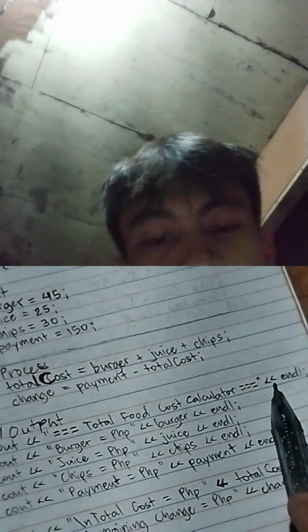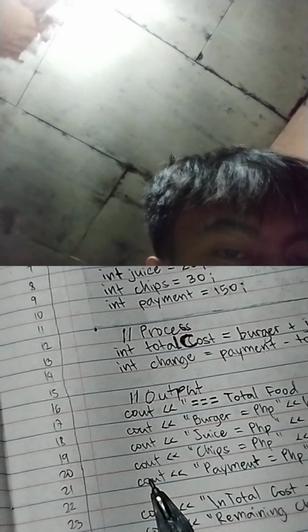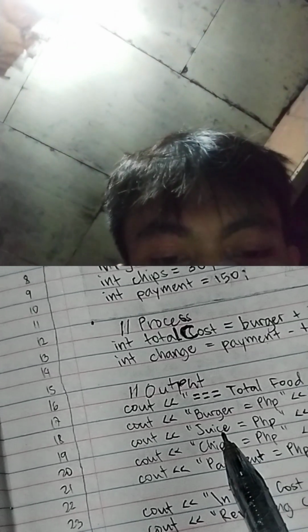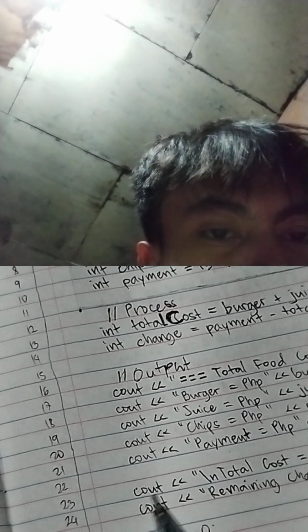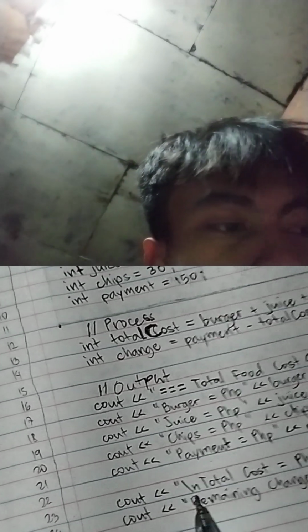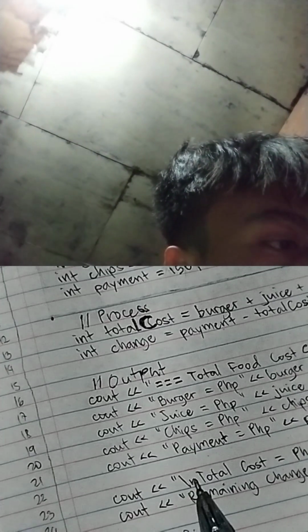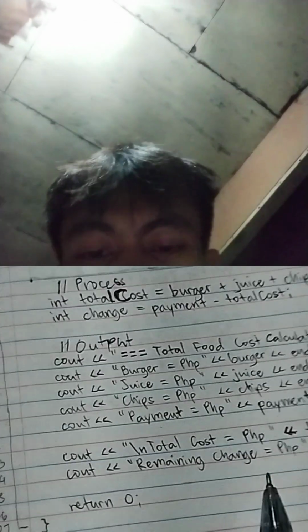Then cout again, burger, juice, and chips, and the payment. Cout again. And this is the new line escape sequence, which creates a new line in the output. If we run the program, it will be like this.